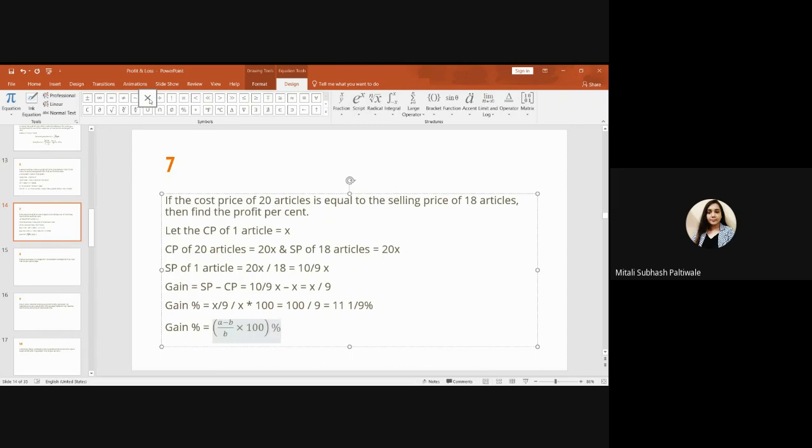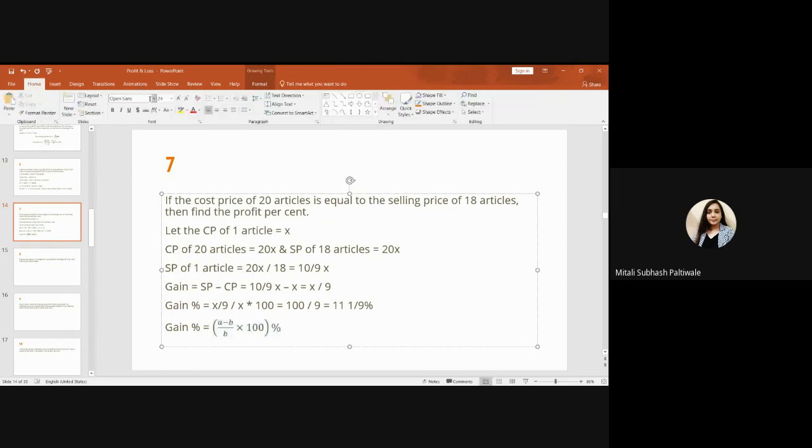Now A minus B. What is A here? A is equal to 20 and B is equal to 18. That's it.